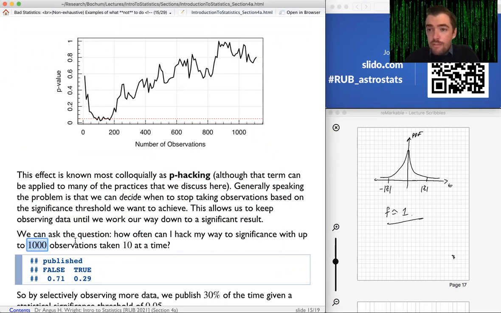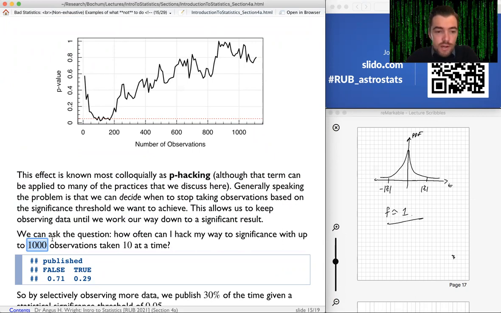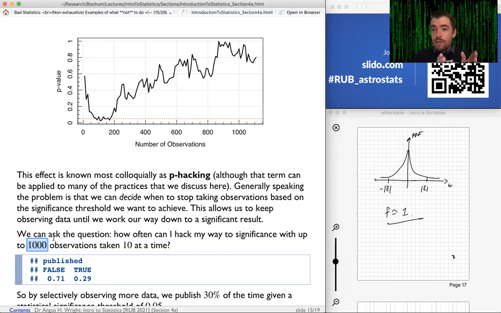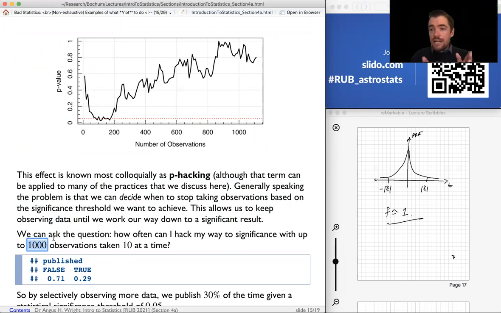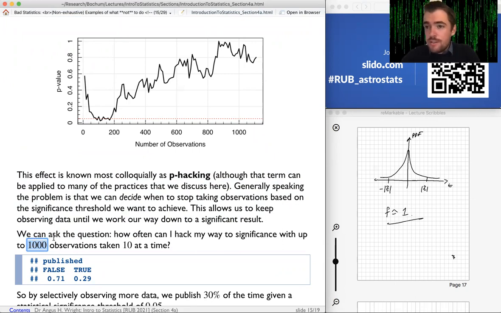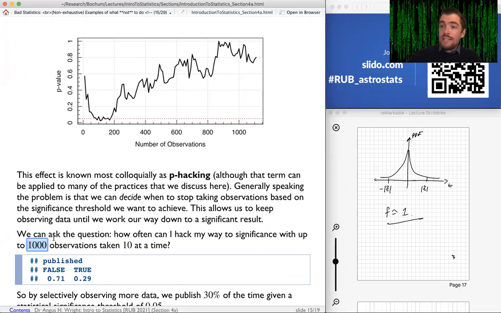Given that method of starting with 100 observations and then adding 10 and 10 and 10 and 10 and 10, how often do I expect that process to allow me to cross the statistically significant threshold, given truly null hypothesis data?